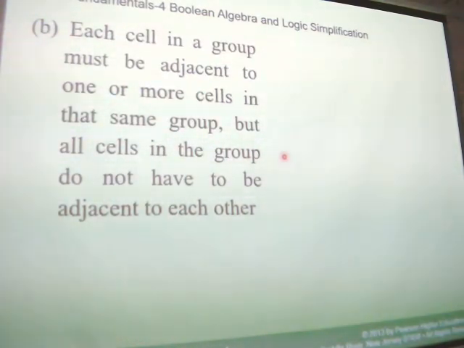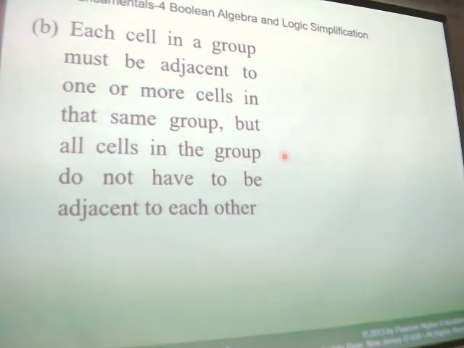The second rule: each cell in a group must be adjacent to 1 or more cells in the same group. So, in one group, there must be 1 or more cells adjacent to each cell. But all cells in the group do not have to be adjacent to each other.